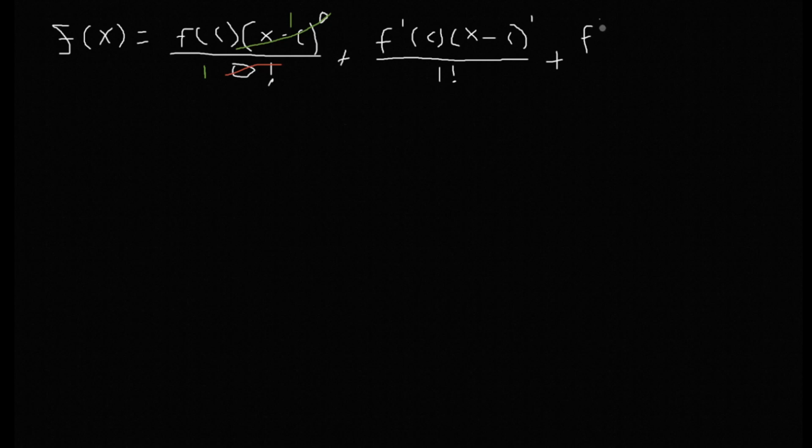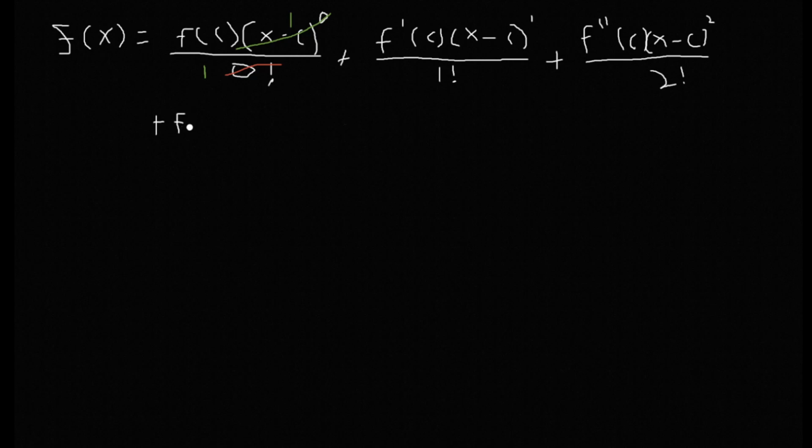But again, we take the next derivative, f double prime. We've taken two derivatives, and it's not f of c, it's f double prime of c times x minus c to the second power over 2 factorial. 2 factorial is 2, and then we continue.